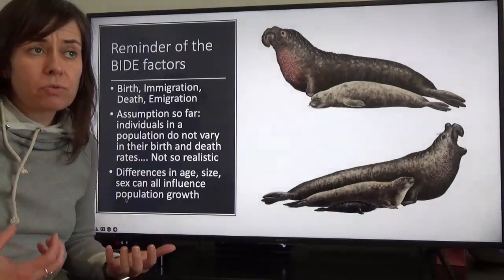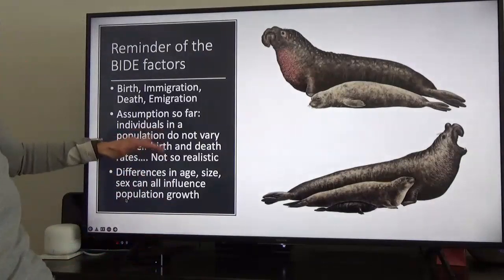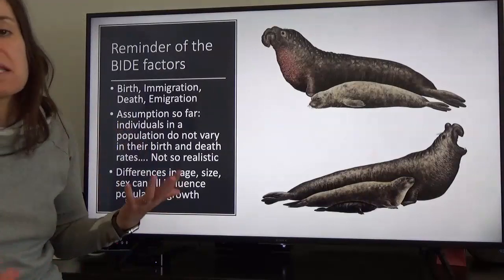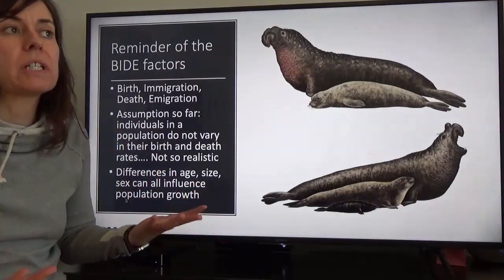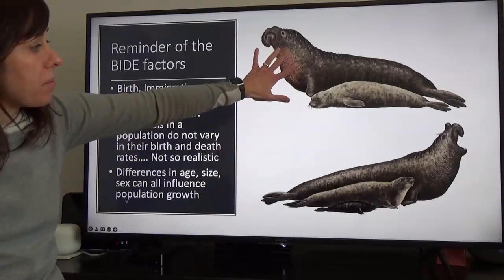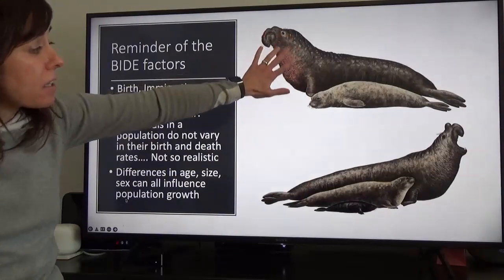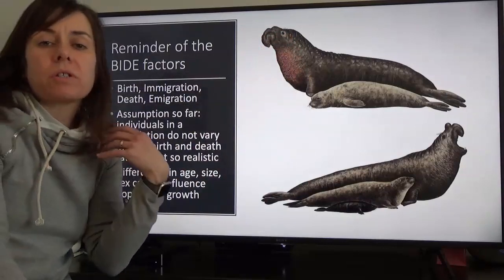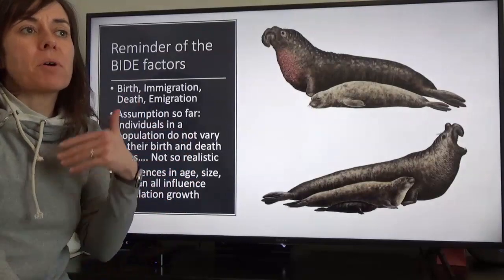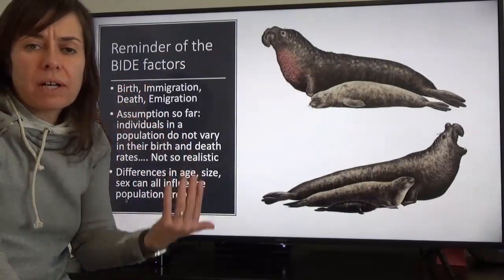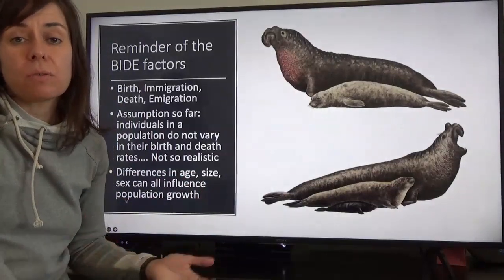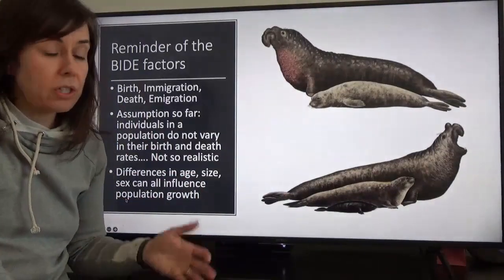All right, so some assumptions so far when we've been calculating rates of population growth is that all individuals in a population are the same in terms of their birth and death rates. And this is not really a realistic assumption, right? We can think about examples, and here we have an example of elephant seals, where we know that there's a strong advantage for the largest, most aggressive males to be contributing most to the next generation in terms of their genetic contributions, right?